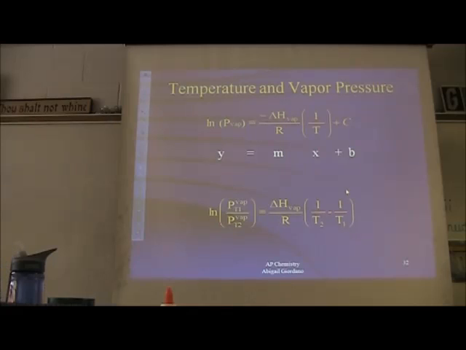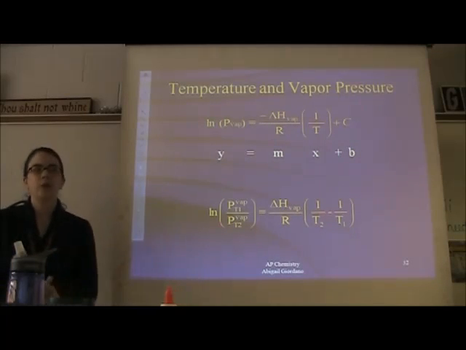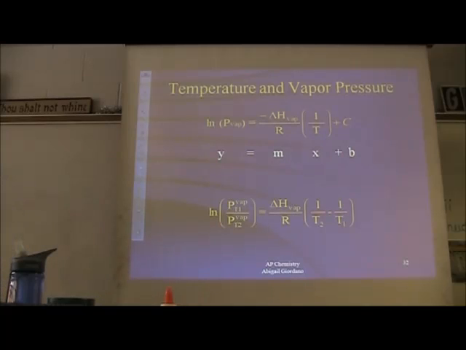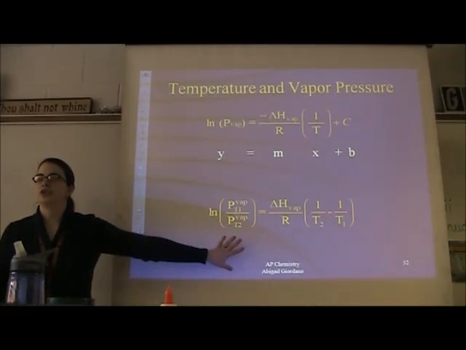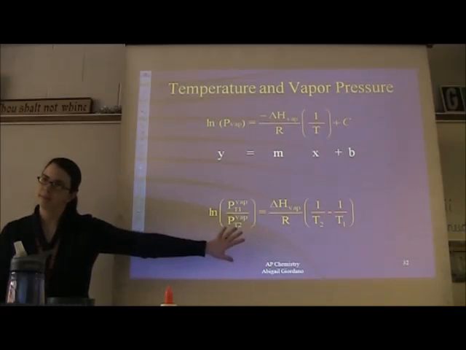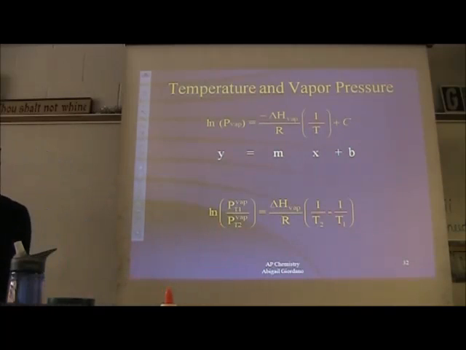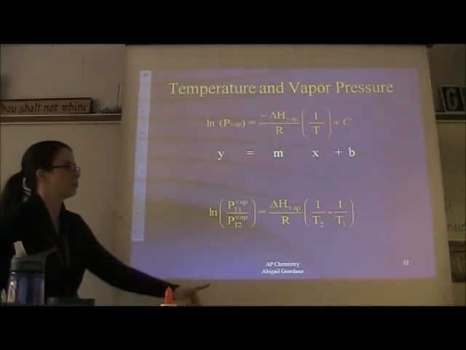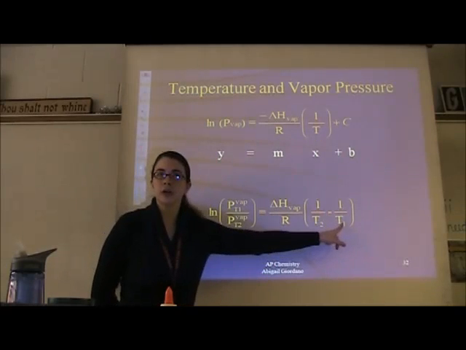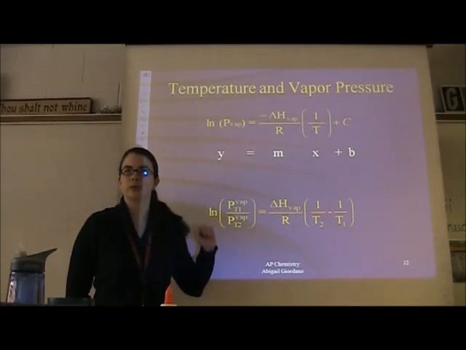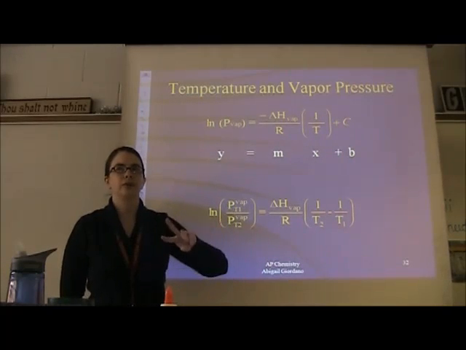Okay, are you ready for some good news? Here is one of these changes from last year to this year. This is an equation that is not on your equation sheet that we will not be using. Okay? Essentially, this equation is simply showing you the relationship between temperature and vapor pressure. Was it direct or indirect?